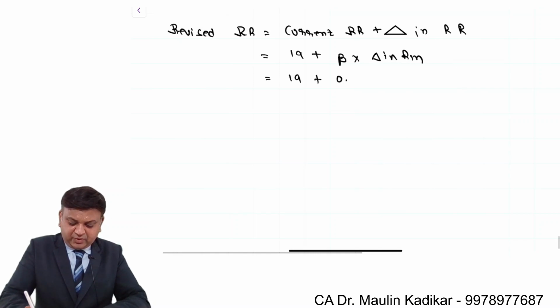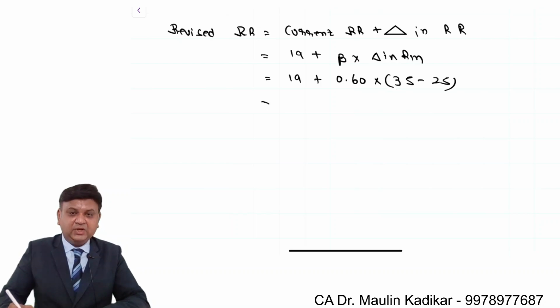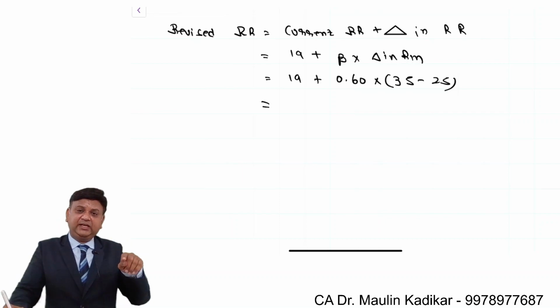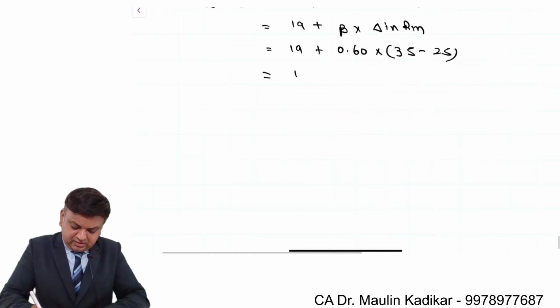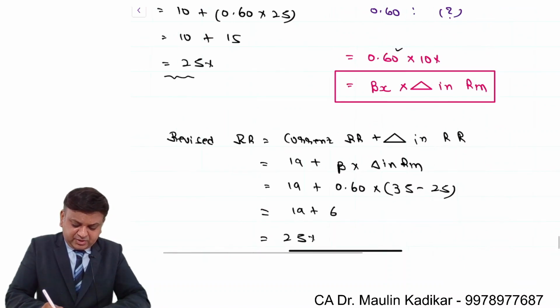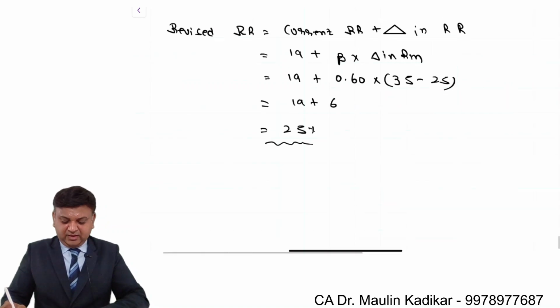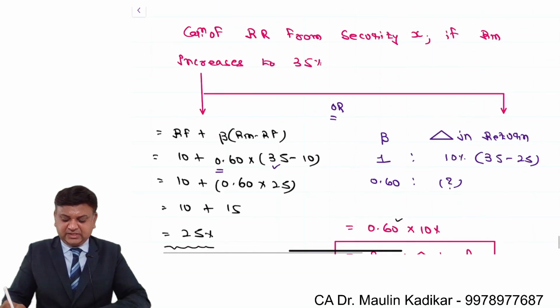So 19 plus 0.6 into 35 minus 25. 35 minus 25 is 10, 10 into 0.6 is 6, and 6 plus 19 comes to 25 percentage. This is the way we can compute the required rate of return. Either way you can present the answer.